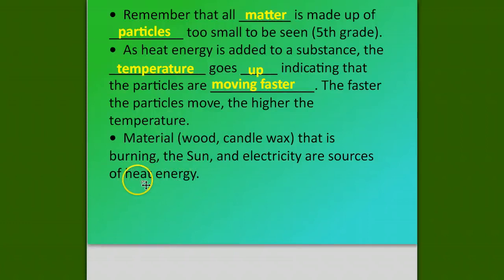All of the examples that you should know of heat energy are materials like wood and candle wax that's burning. So if I burn wood, if I burn candle wax, the sun is an example, and electricity are all examples of heat energy. So if I ask you that on a quiz, you need to know it.